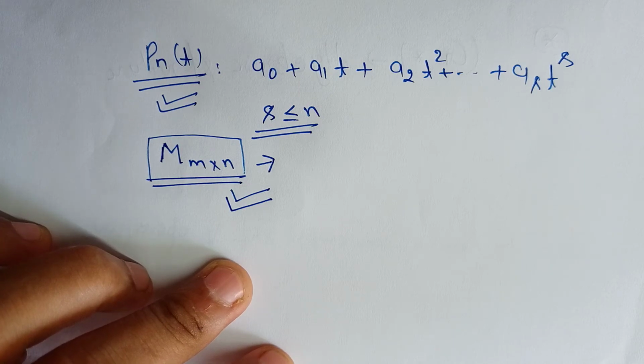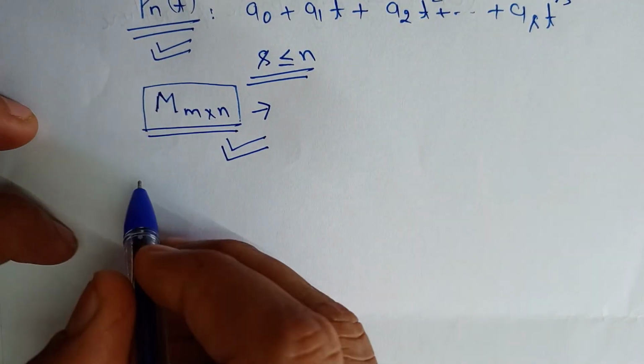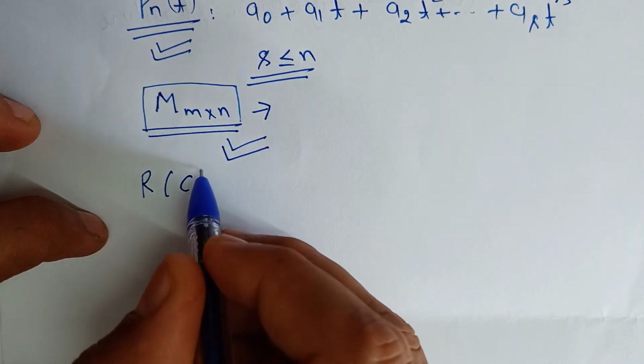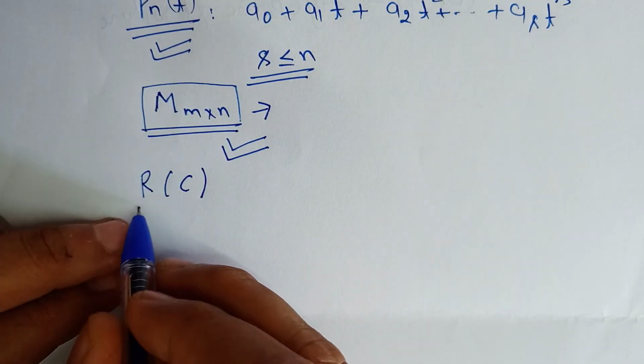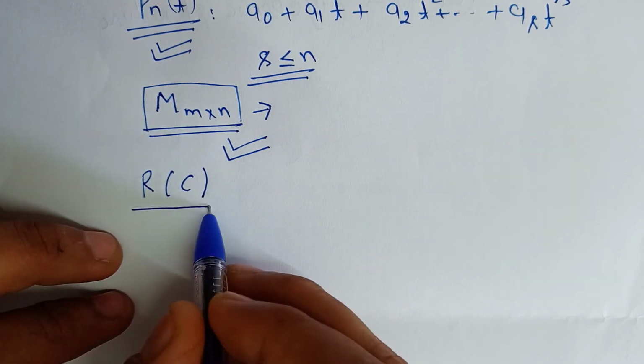So let me show one more example where the given algebraic structure is not a vector space. So let us see: what about R over C? The set of real numbers over the field F, is this a vector space or not?